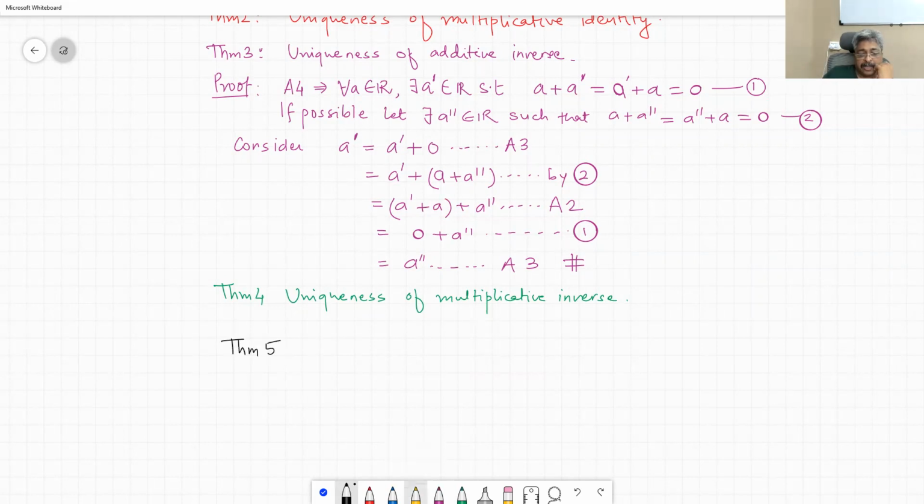Theorem number 5 is left cancellation law of addition.